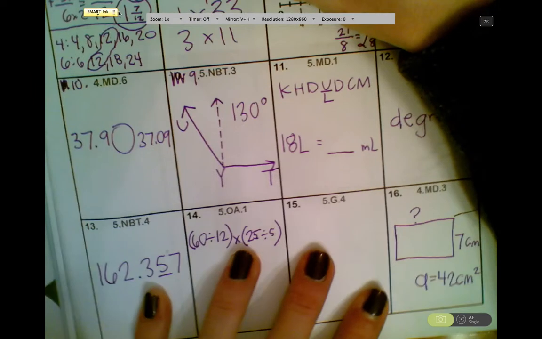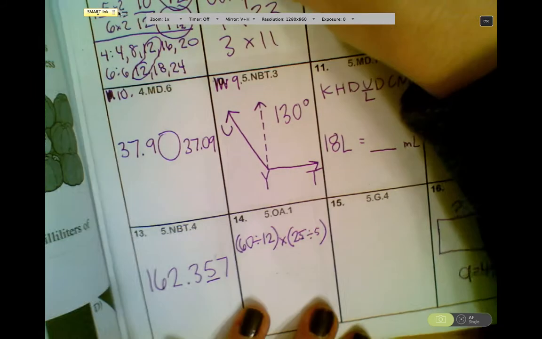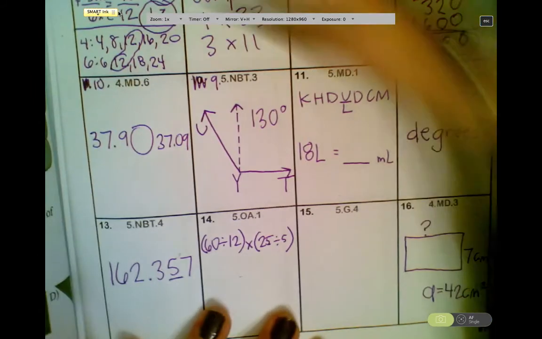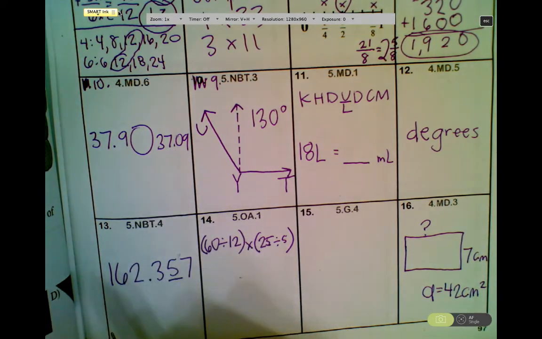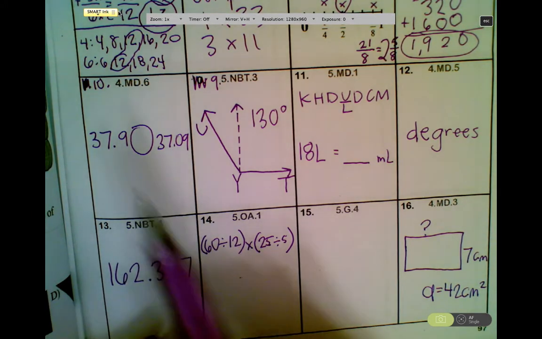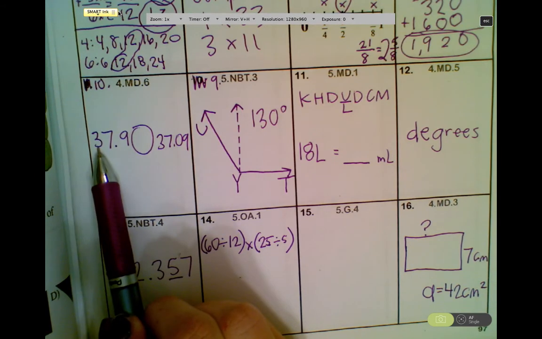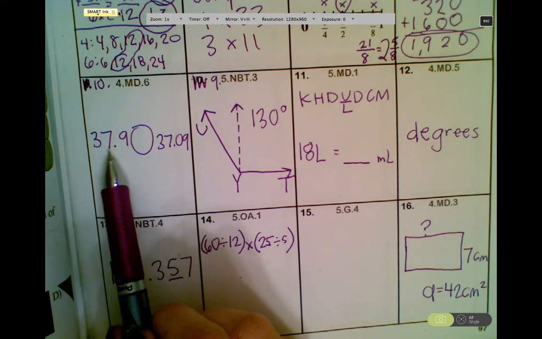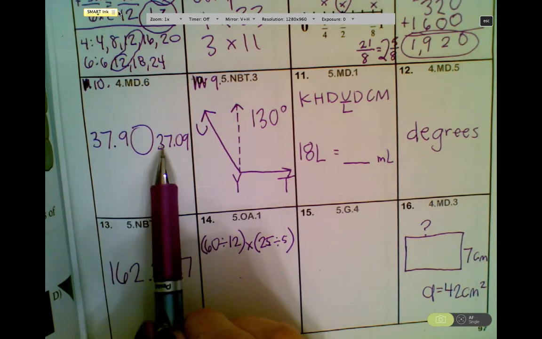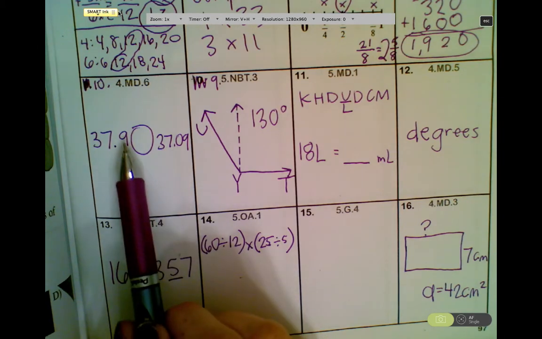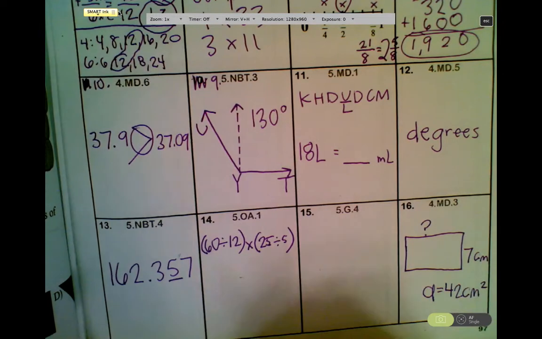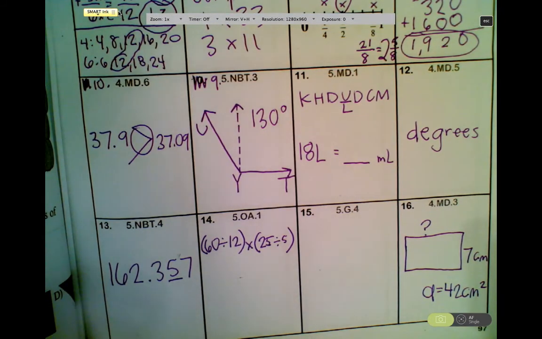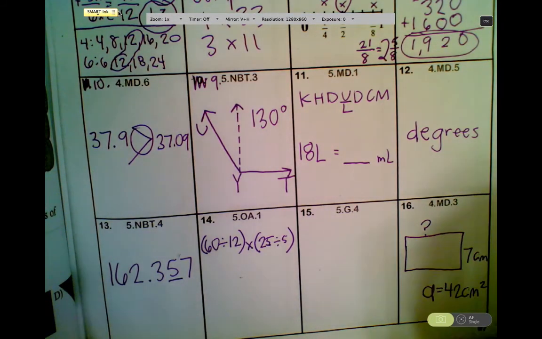Number 10, compare these decimals. 37 and 9/10 or 37 and 9/100. I start in my tens place, 3's are the same, go to my 1's, 7's are the same, go to my tenths, 9, 0. I know that 9 is greater than 0, so 37 and 9/10 is greater.